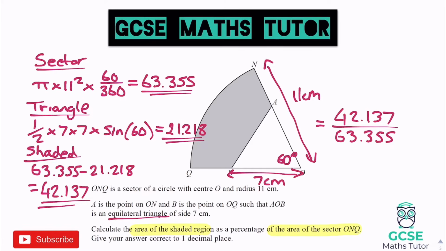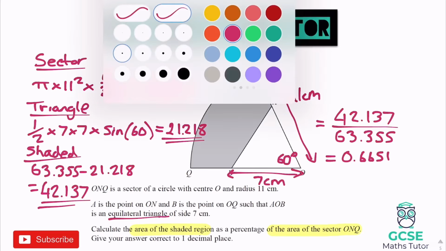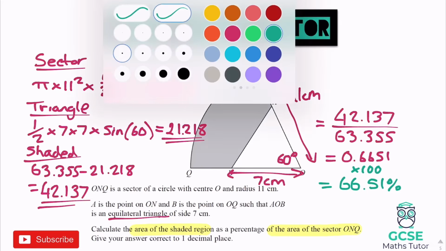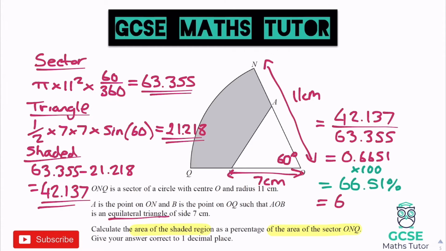If I type that into the calculator, 42.137 divided by 63.355, it gives me a decimal, which is 0.6651. We can turn that straight into a percentage by multiplying by 100, and we get a final answer of 66.51%, but the question wants it to one decimal place, so we're just going to have that as 66.5 percent, and that is what percentage is shaded within this sector.